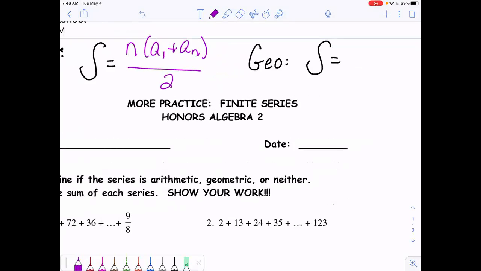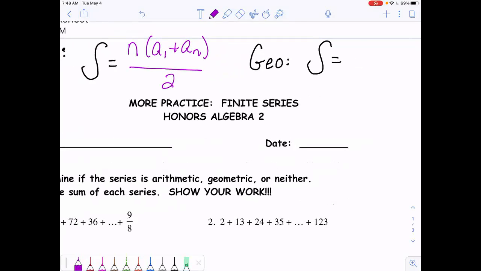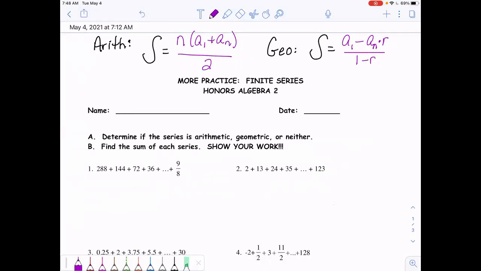Ava, do you remember when it's geometric? Yeah, 1 minus r. So the question says, determine if it's arithmetic, geometric, or neither. Well, we have formulas for arithmetic and geometric, but there isn't a formula when it's neither.